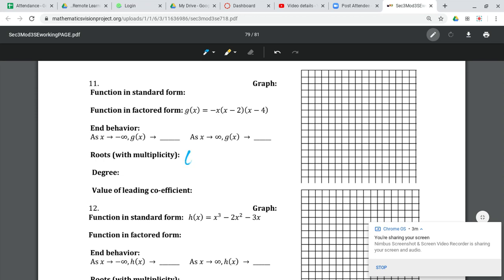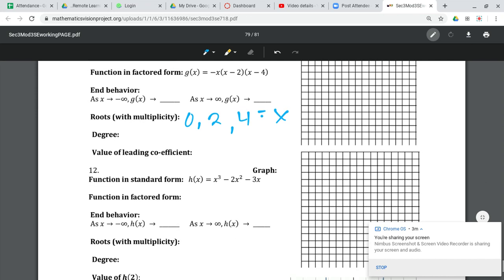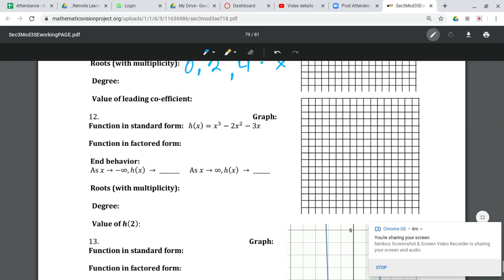We've got 0, we've got positive 2, and we've got positive 4. Those are your roots. Degree you'll have to figure out. And leading coefficient, once you multiply all this through, you'll figure that out. But these are your 3 roots. That means your graph is going to cross the x-axis 3 different times. So keep that in mind.